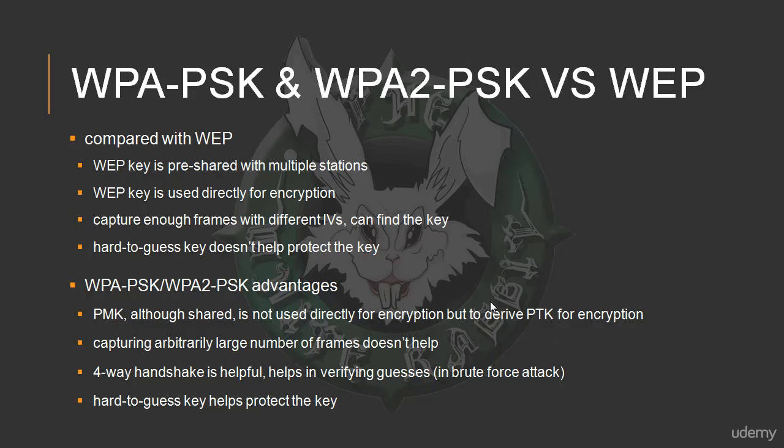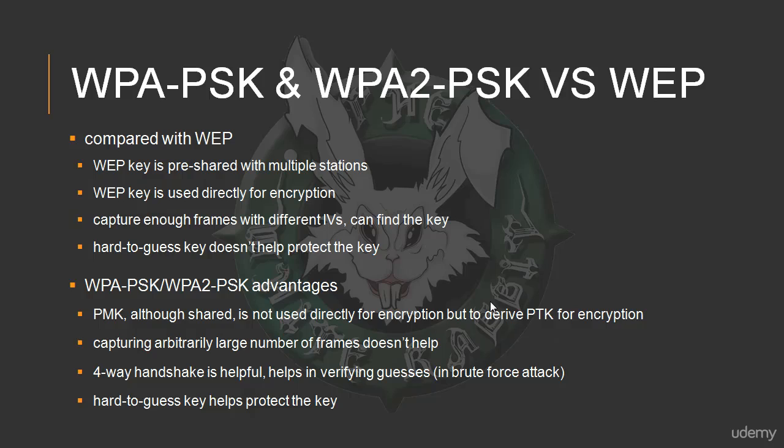As I mentioned, the passphrase is the thing that's common, but then it goes through a key derivation process so that the pre-shared master key would be something that the user doesn't see directly. And furthermore, the pre-shared master key, the PMK, is not used directly for encryption, but it is used to derive a pairwise transient key. And the pairwise transient key is the one that's actually used directly for encryption.